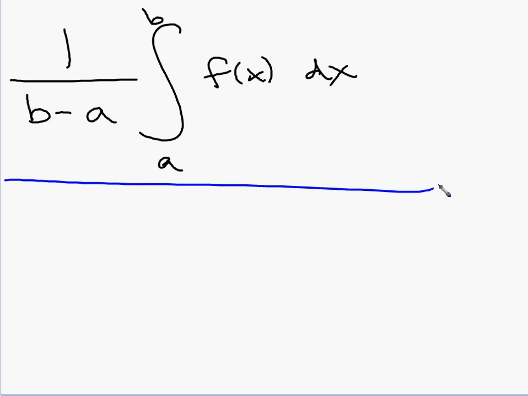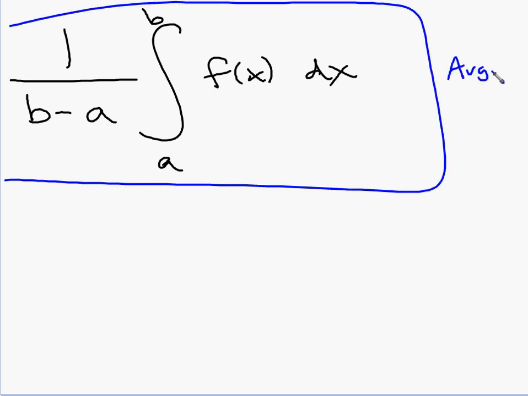This is the formula for the average value of a function. And it's a lot like a regular old average, because remember, an integral is a sum.